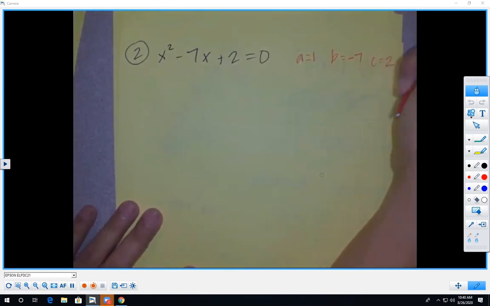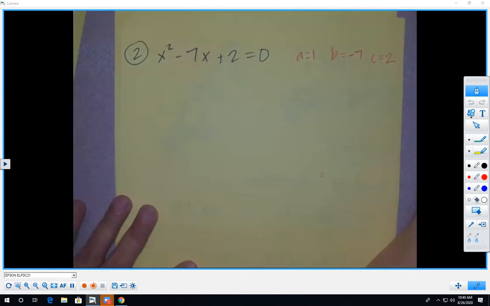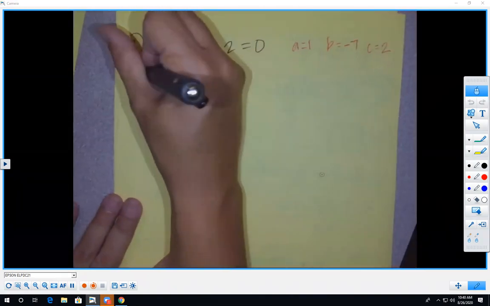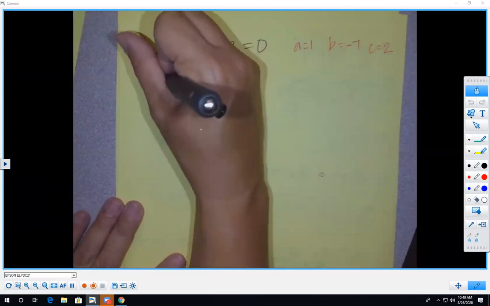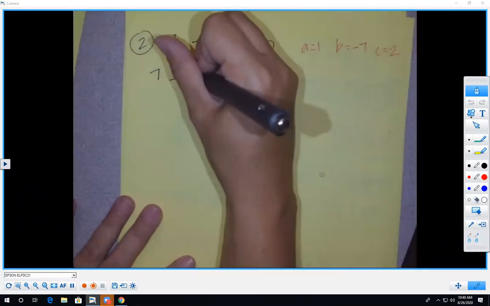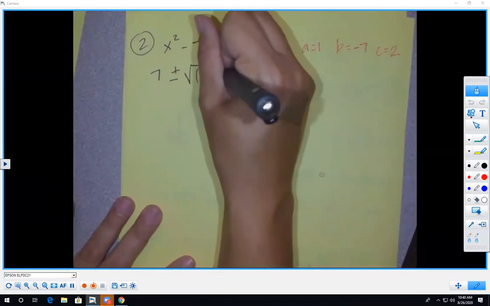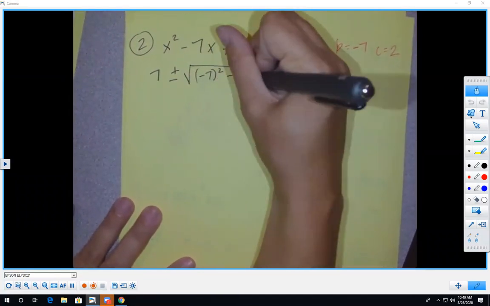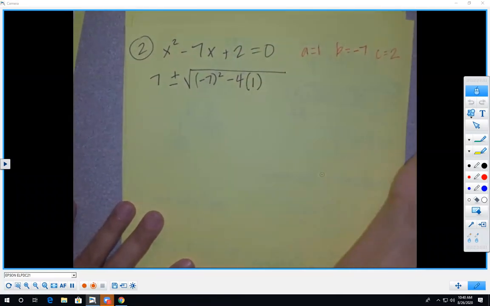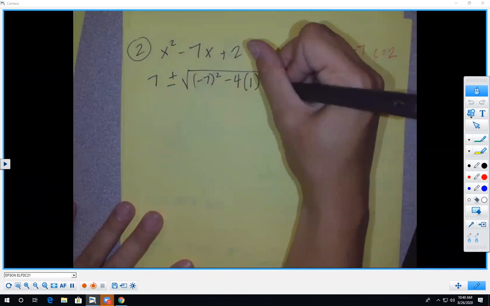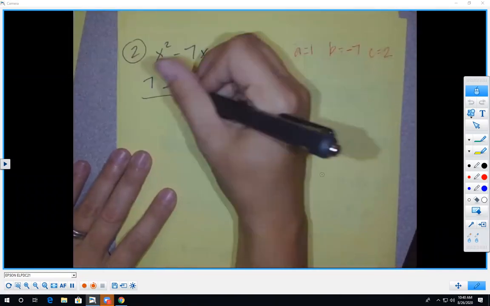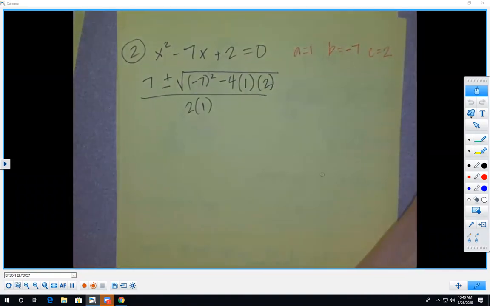C is 2. Let's plug it in. Negative B means change the sign of B. So +7 plus or minus the square root of B squared. So it's going to be -7 squared minus 4 times, what's my A value? 1. What's my C value? 2. All divided by 2 times 1.